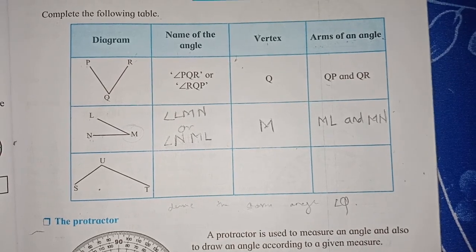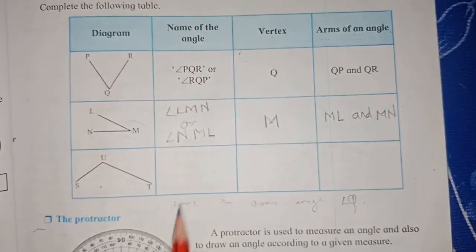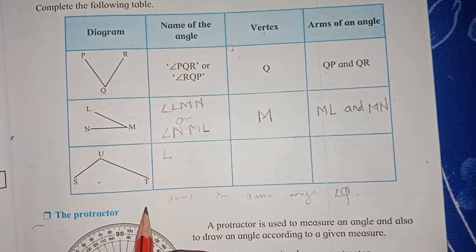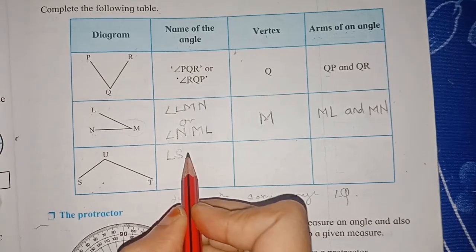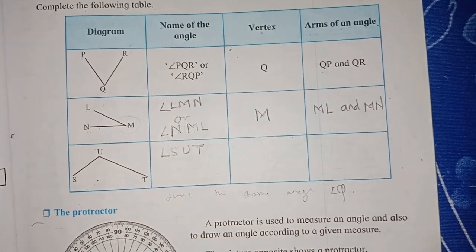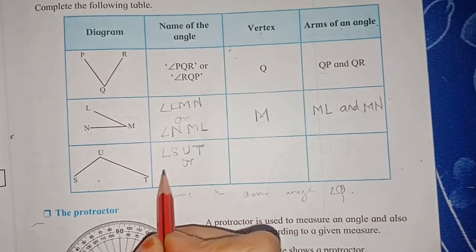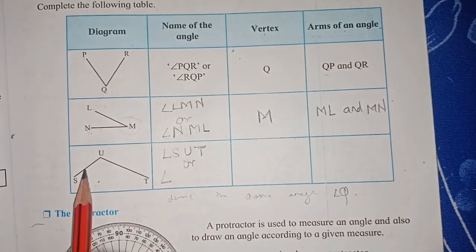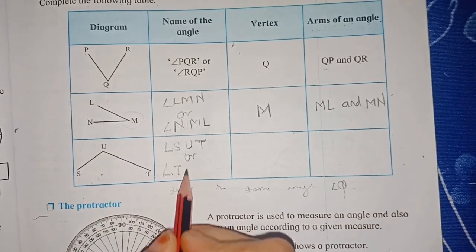Done. Now third one is given, name of the angle, angle SUT. Vertex will be in the middle, right? Now or second name is angle TUS.